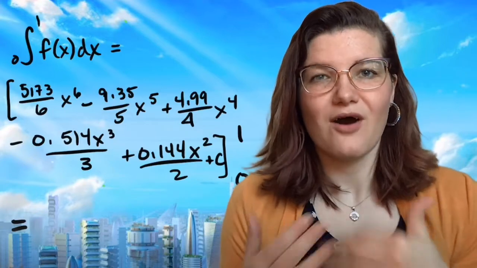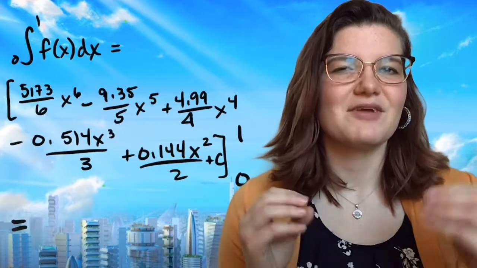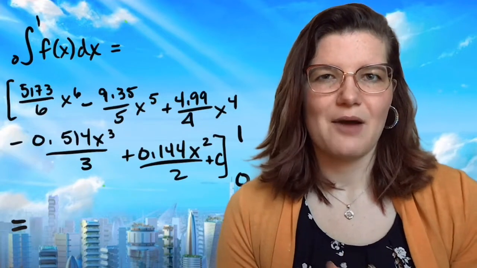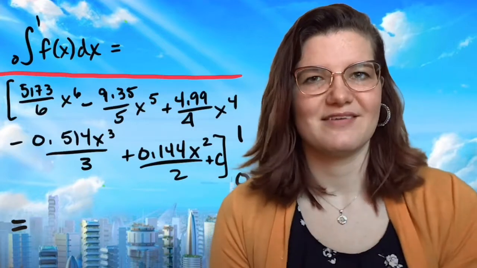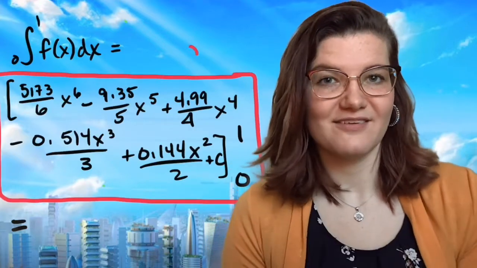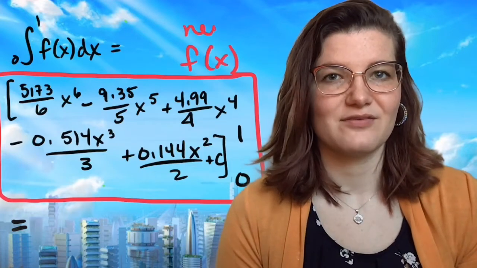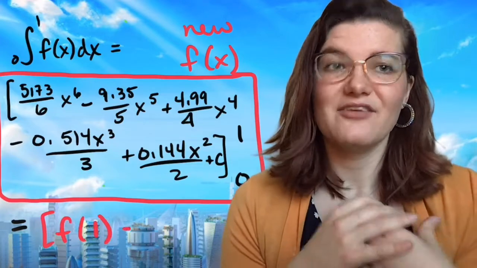So now we are all set up in order to evaluate this definite integral. If you guys remember from class, what we do is we take our f of b, subtract our f of a, and that will give us the answer to our integral. So I'm just going to fill in my 1s and 0s for x everywhere in this equation, and you'll find that the second chunk, my f of 0, is just going to be 0.